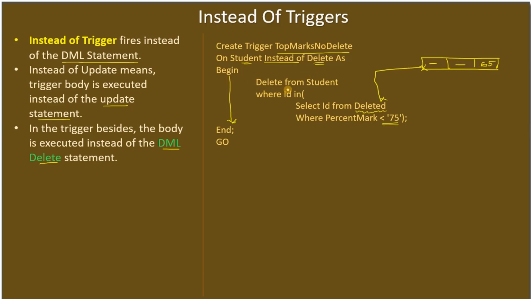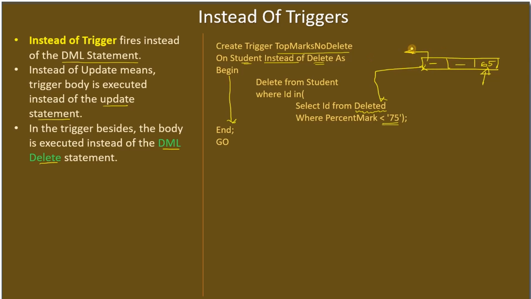So inside the body, delete from student where ID, so we are making a select statement. Here we are making select ID from deleted where percentage mark is less than 75. Here if you look at the column value, it is less than 75, so this qualifies.